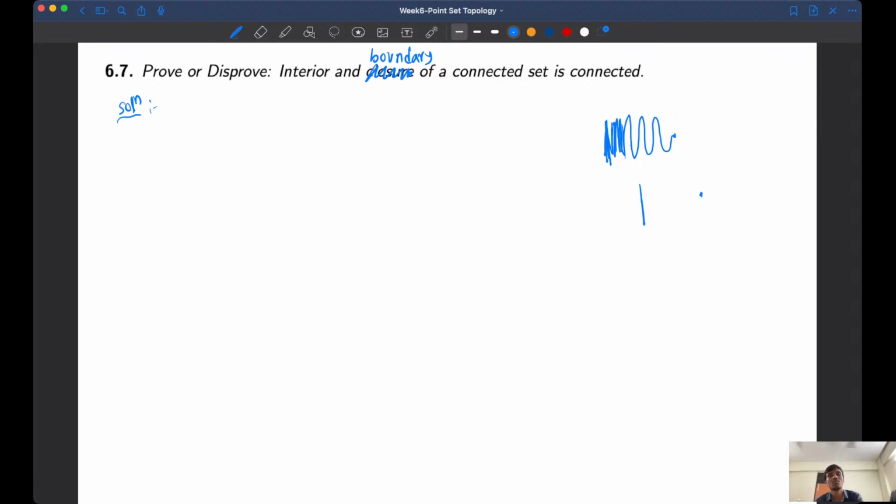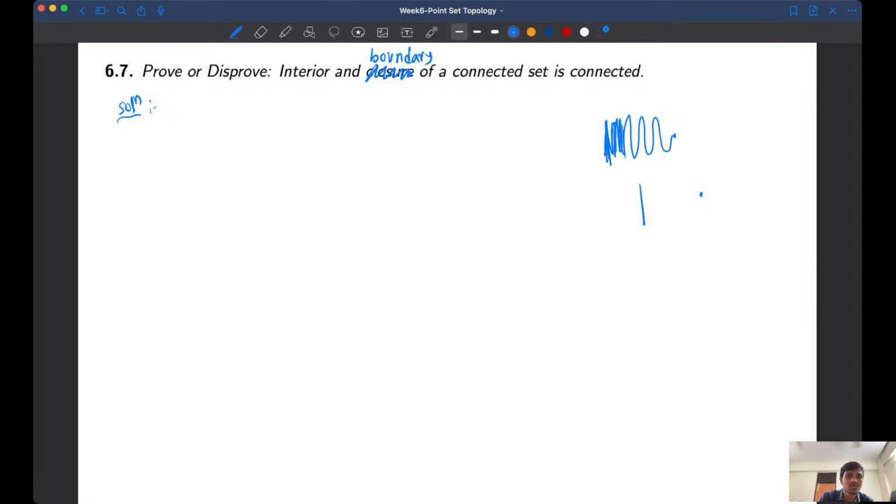So you have to think of something like a union of two things where there is only one common point between them, which is not an interior point of either of them. There are many such things.